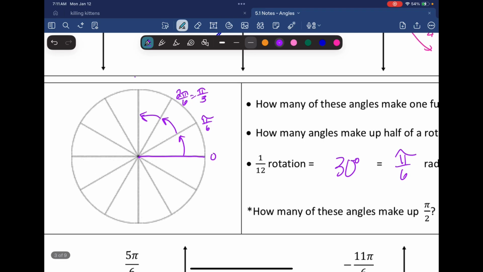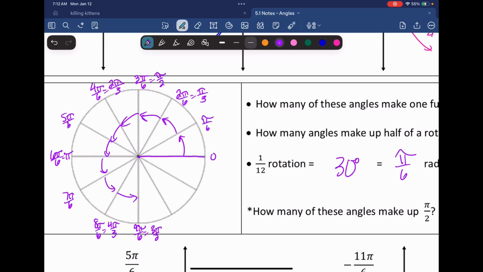And you guys get the drift from here. 4, 5, 6, 7, 8, 9, 10, 11, and then 12. Again, talking about pieces of pi.